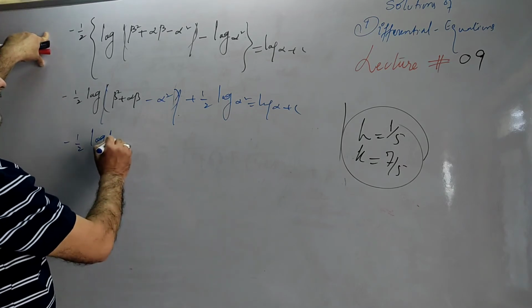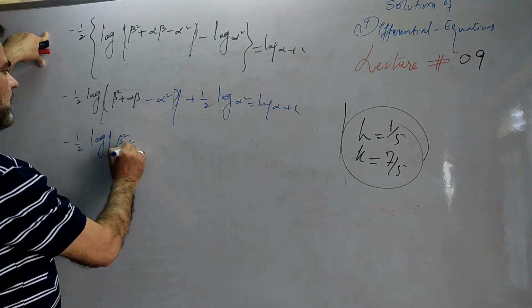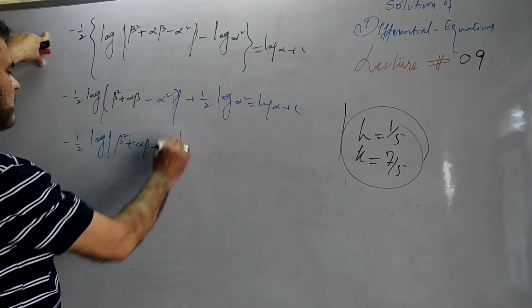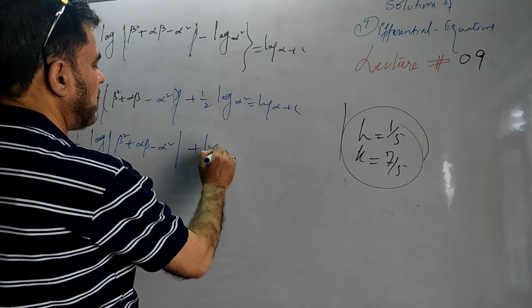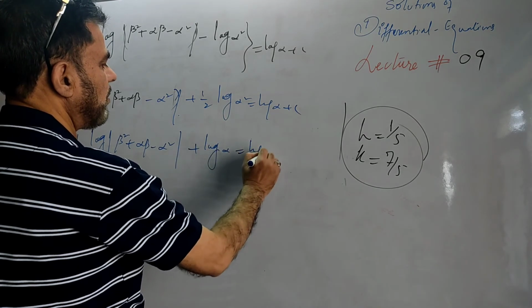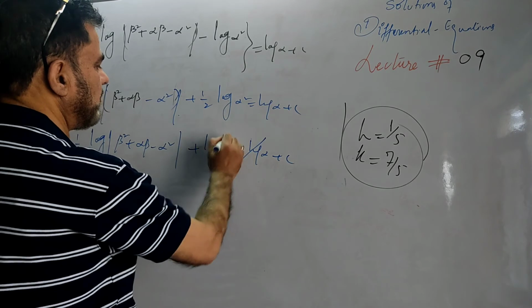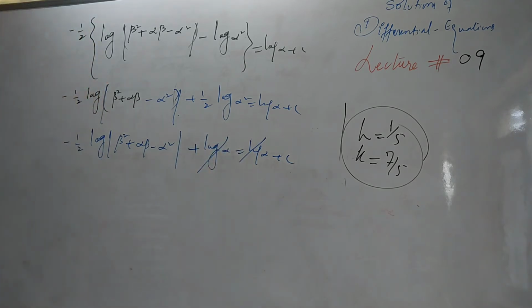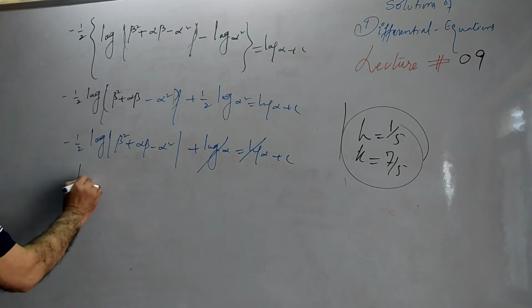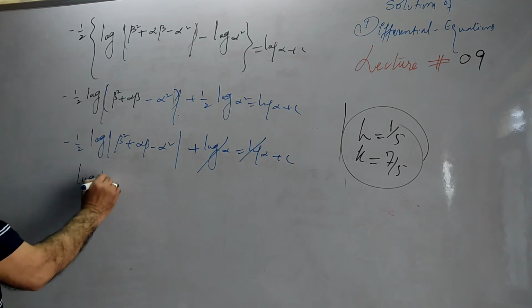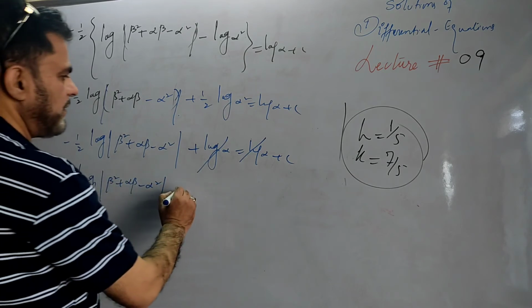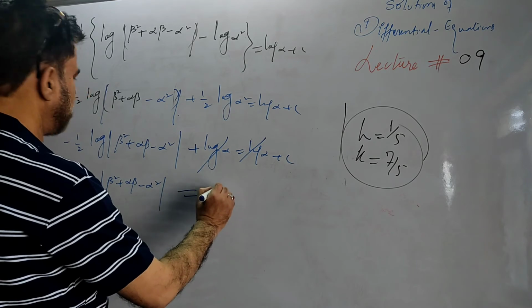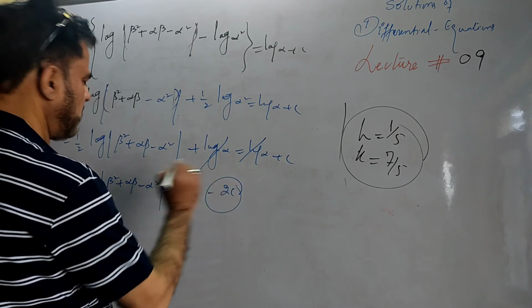It is beta square plus alpha beta minus alpha square, and this is only log alpha equal to log alpha plus c, because this 2 goes down. Now you can write log of beta square plus alpha beta minus alpha square is equal to minus 2c.